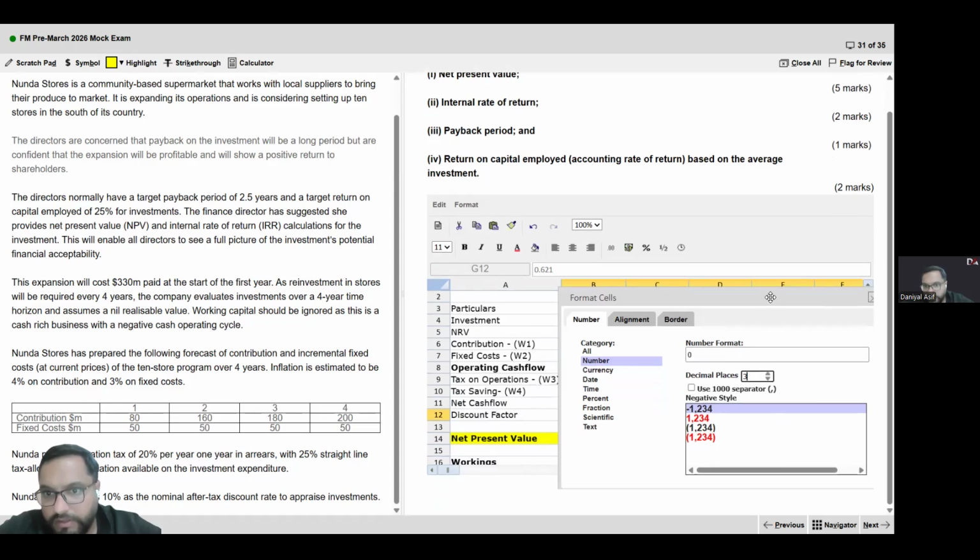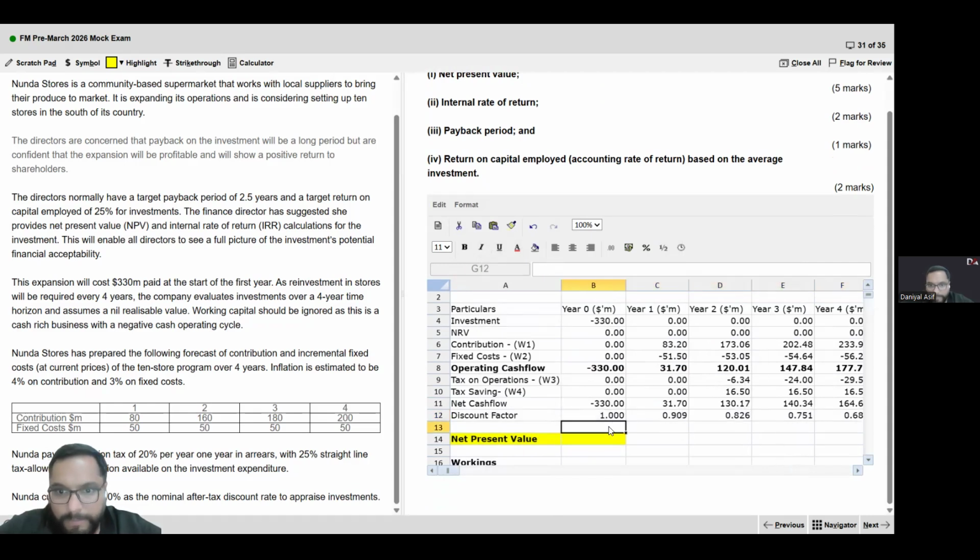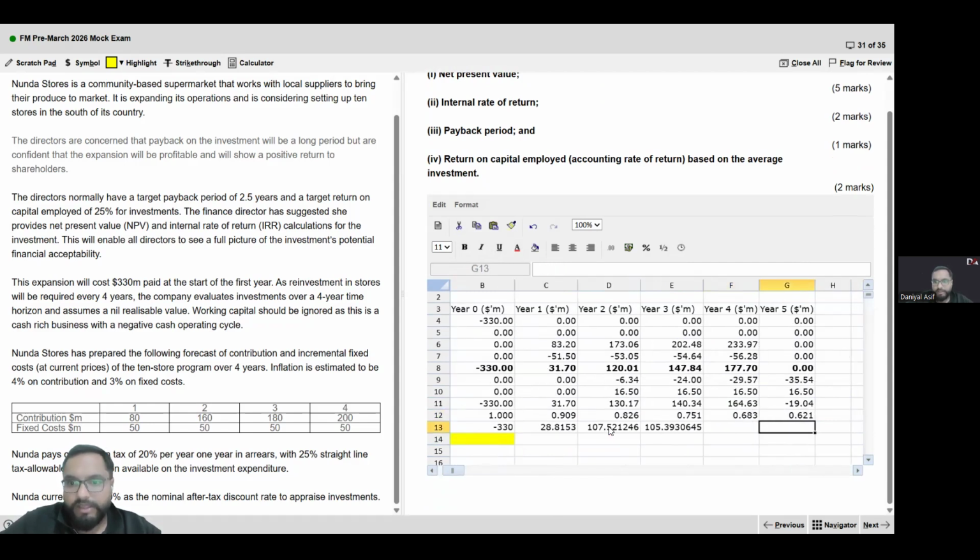Each is equal to this multiplied by this. What I'm doing is going the traditional way, multiplying each cash flow with its respective discount factor so that you can understand the difference.